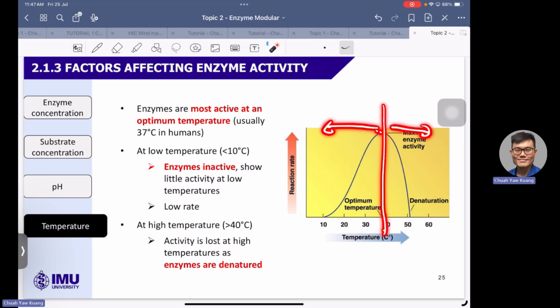Before the optimum temperature, the relationship is directly proportional, meaning that a further increase in the temperature is going to increase the rate of reaction.